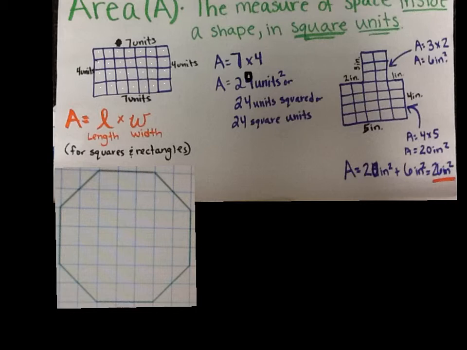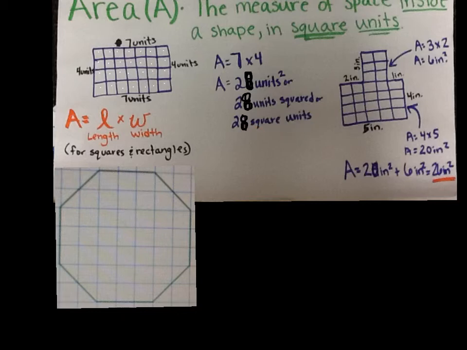So I need to write 28, and you may see it as units squared like this, and again 28. You could see it possibly written as units squared with the words, and again 28, and you might see it with square units.